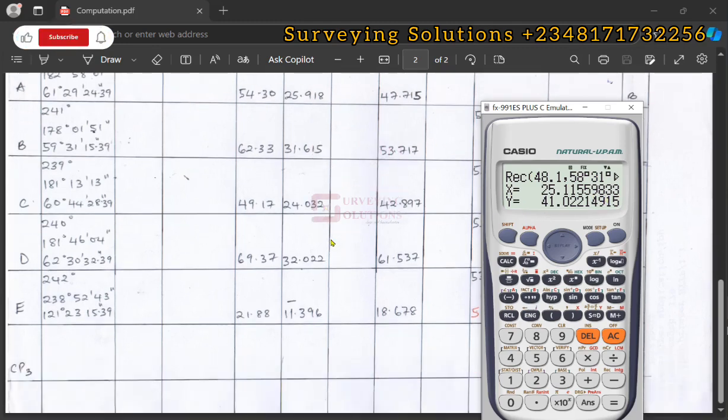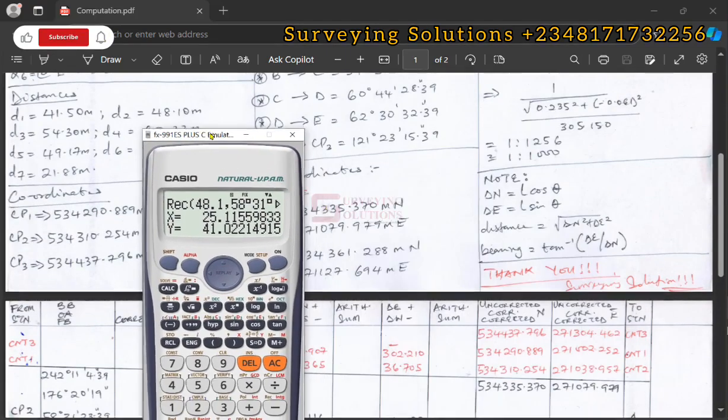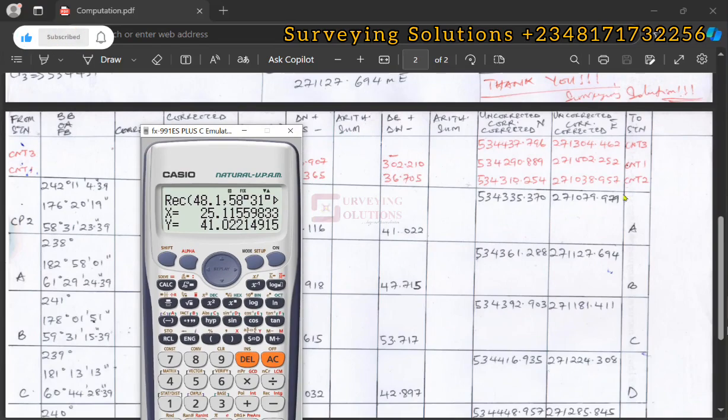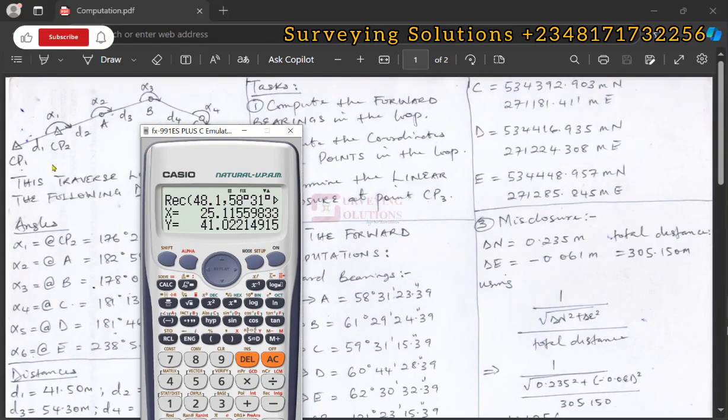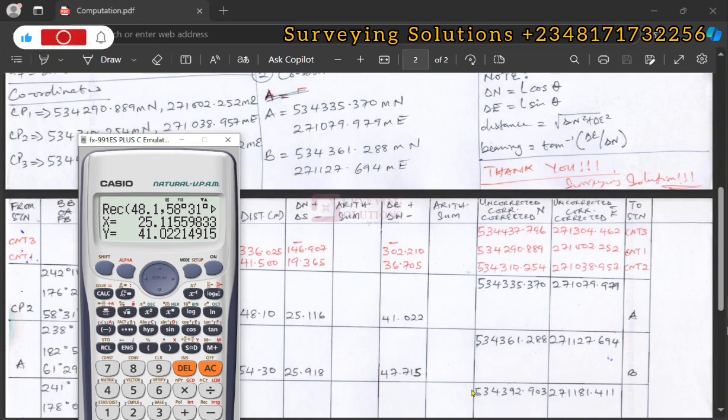So having populated it down, we now have to use the coordinate of the starting control, which is CP2. If we also look at the sketch, we can see CP2 here, right? Good. So the coordinate of the starting control, CP2, alongside the delta northings and delta eastings, gives the coordinates of the subsequent point.